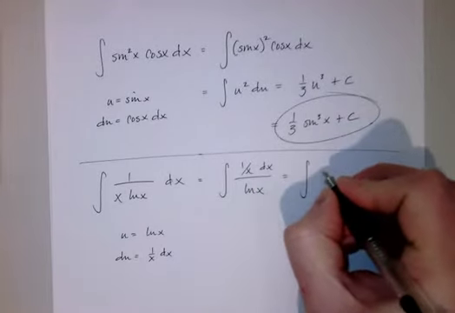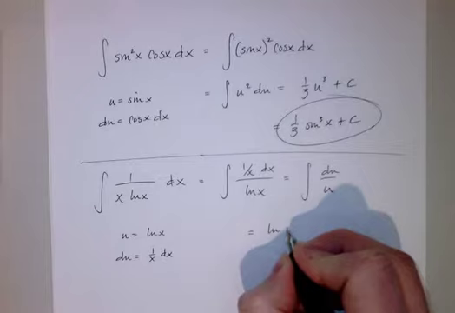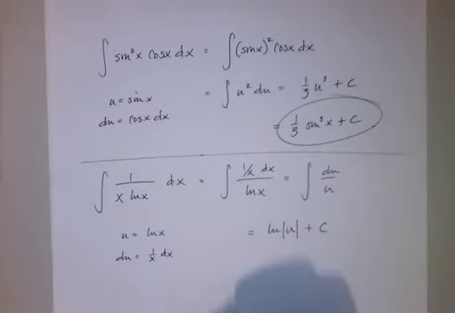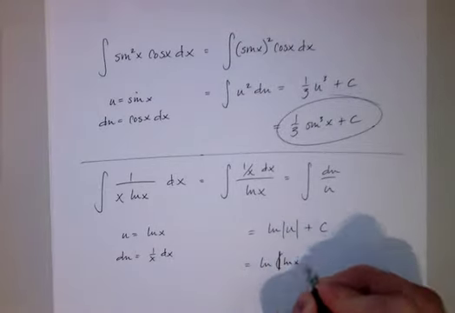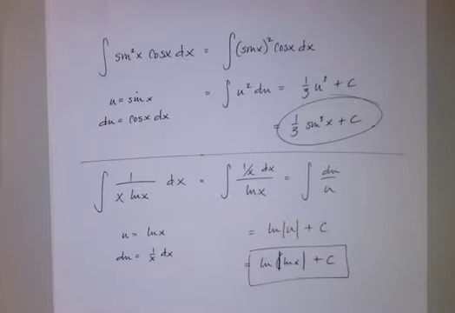That winds up being du over u, or natural log of absolute value u plus c. So that's the natural log of the absolute value of natural log x, actually you need to keep those absolute value bars, plus c. And all it took was just a minor changing of the form in order to get it here.